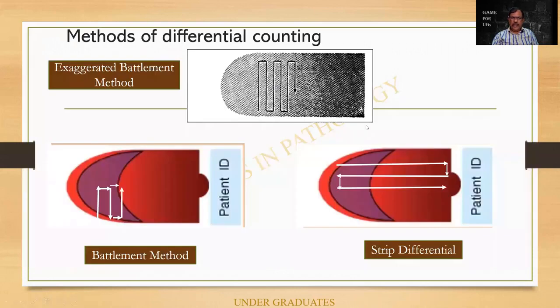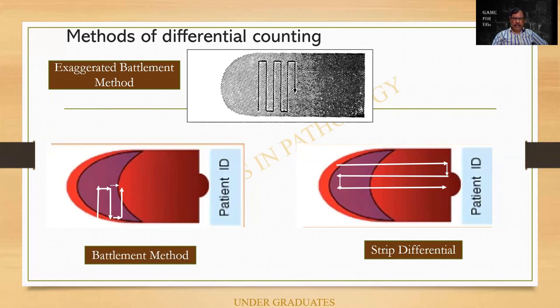So when I make a smear, it is by sheer force that the larger cells will be moving towards the periphery and towards the tail, whereas the smaller cells such as the lymphocyte will be occupying the axis. Now this is the usual method that is recommended. As I told you earlier, the head, the body and the tail. Somewhere in the junction between the body and the tail, it can be counted.